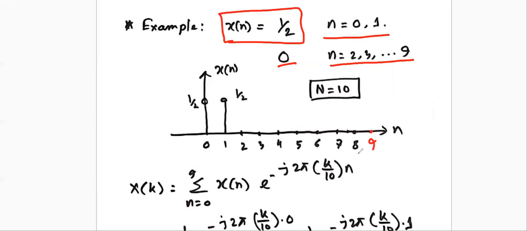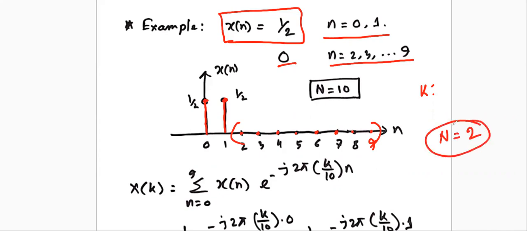Okay, so actually, how are we representing this signal? This is half, and this is half. That's it. Why are we putting these zeros? We are putting these zeros to extend the value of k as well. If we do not put these points, what is the range of n? The range of n is equal to 2.